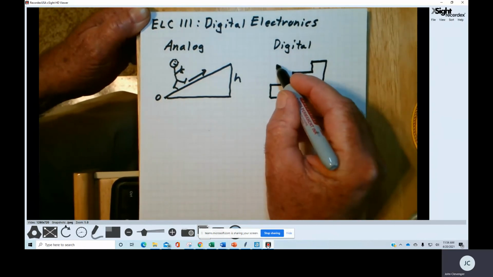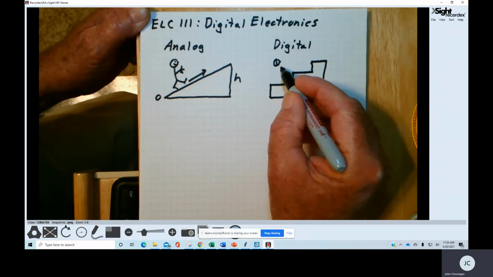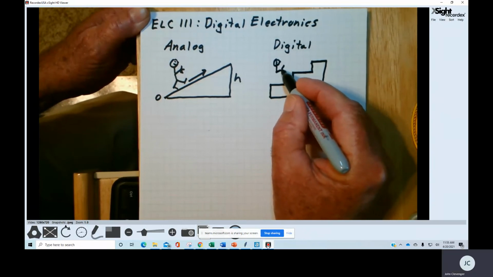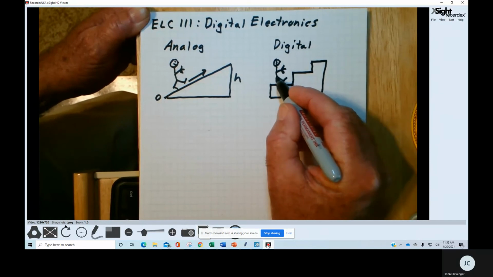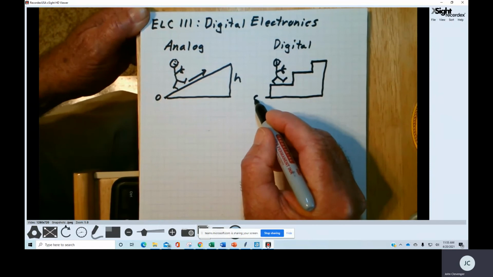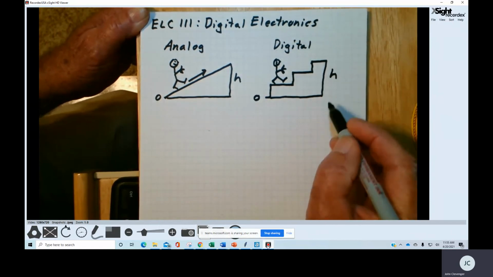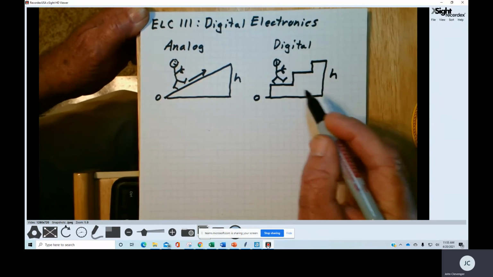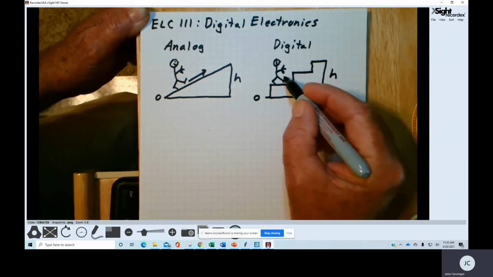So if a person's walking up these stairs, then this person can either be at ground level or height 0, or can be up at some height h, but there's discrete points at which this person has to be.